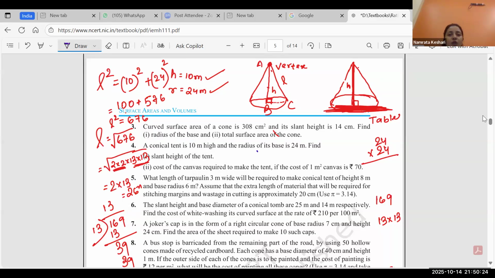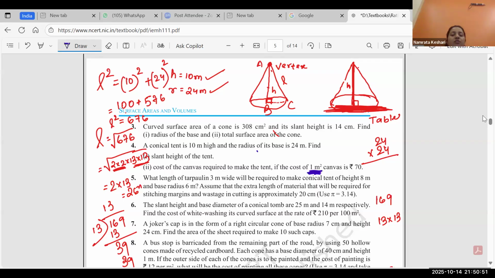After reading the statement, part 2, question number 4, part 2, I'm not getting what to do over here. So I'll read it carefully. Cost of the canvas required to make the tent. If the cost of 1 meter square canvas is rupees 70.